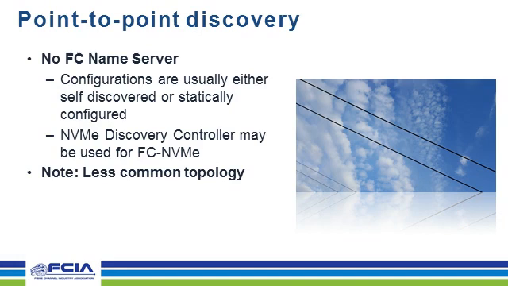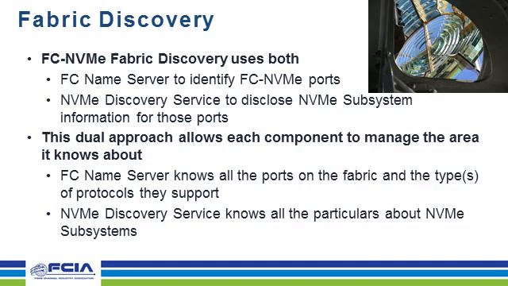For point-to-point, and I mention this because it is part of FC-NVMe and it is mentioned in the standard, the discovery is usually either self-discovered or statically configured, and may use the NVMe discovery controller. Since there's no name server, there's no central point of authority.